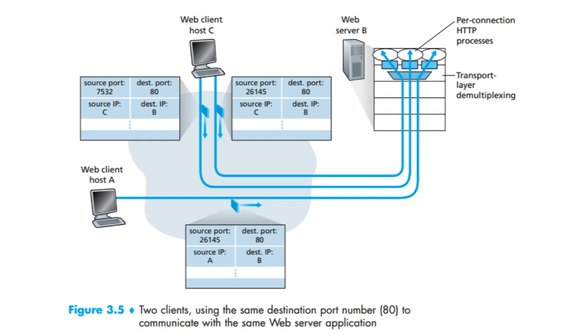Because host A is choosing source port numbers independently of C, it might also assign a source port of 26145 to its HTTP connection, but this is not a problem. Server B will still be able to correctly demultiplex the two connections having the same source port number, since the two connections have different source IP addresses.